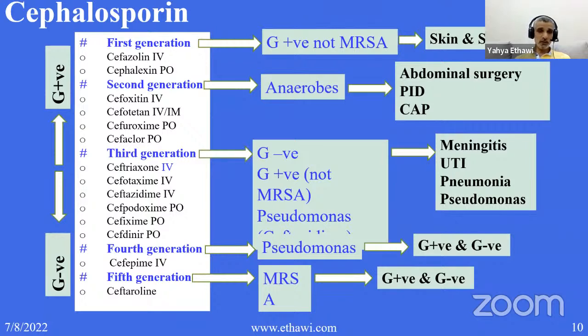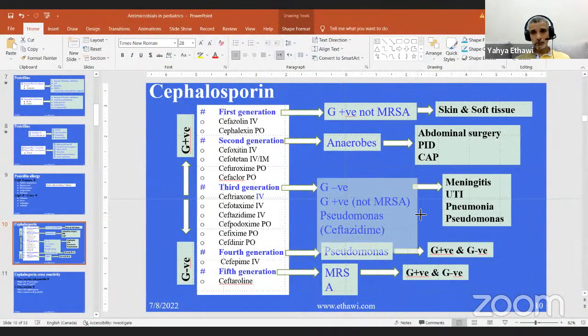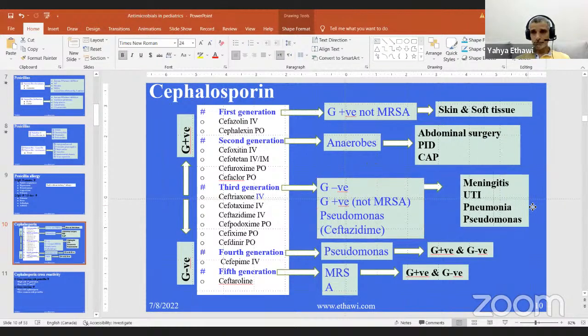Now, when we reach the 3rd generation, we become both gram-negative and gram-positive. Now, there is a very strong belief, I don't know from where it came, about the use of cefotaxime.